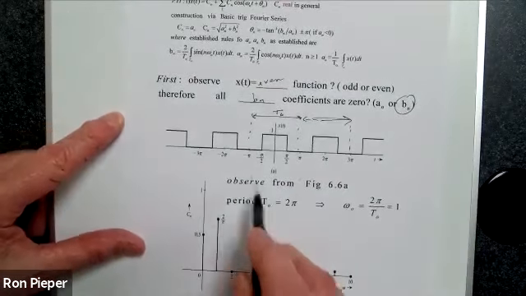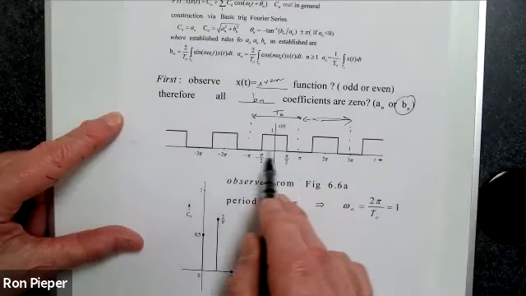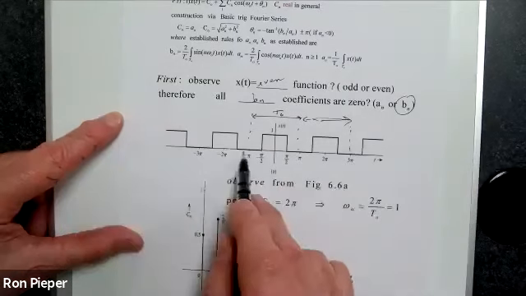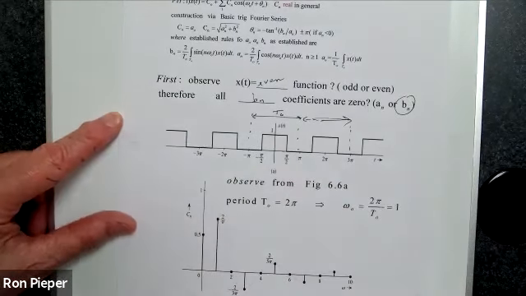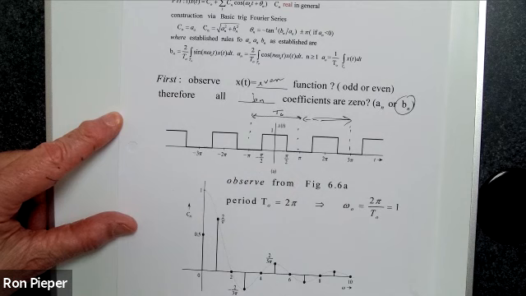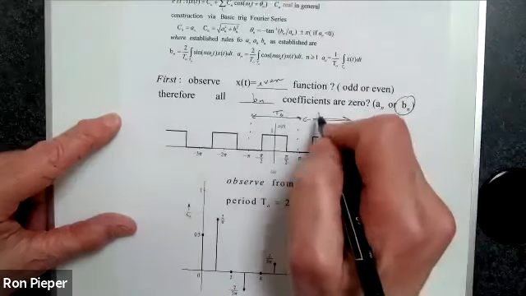What's the span here for one period? 2 pi. It's 2 pi, correct. If you have a question on that, it's a good time to bring it up.